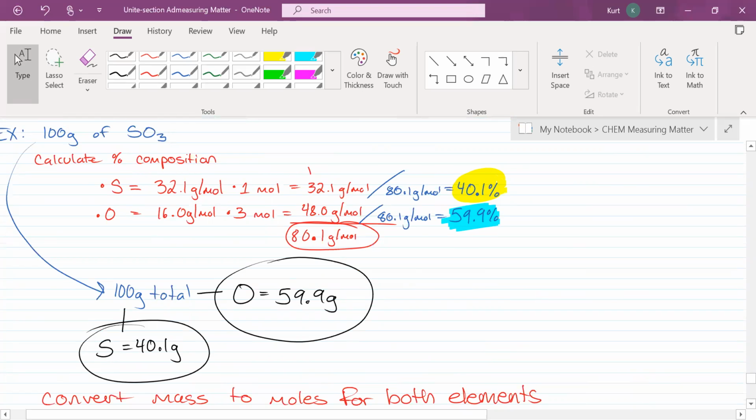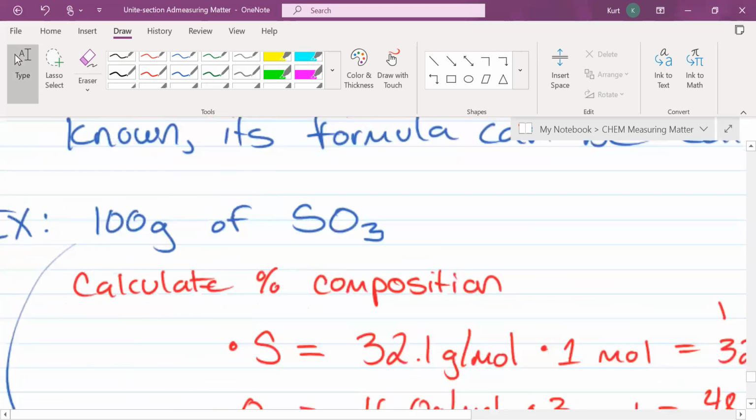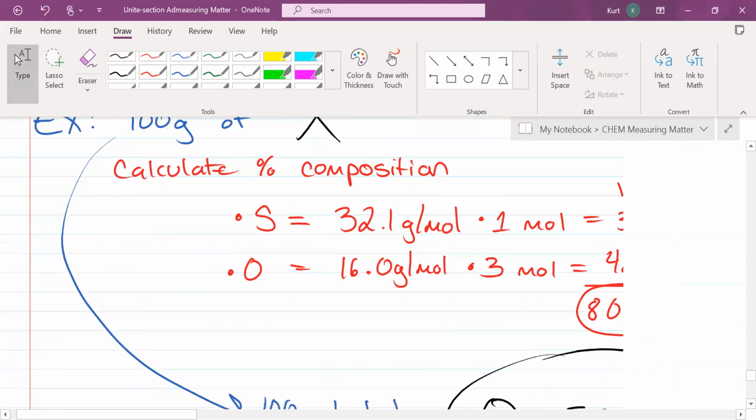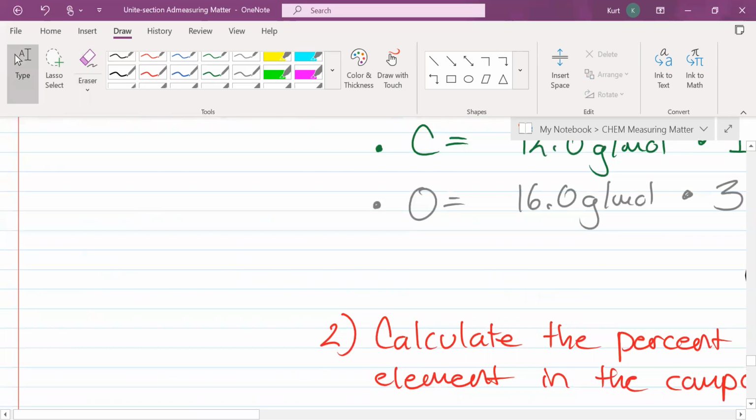Might be like that, or you might just say you have 100 grams of X. And X is composed of sulfur and oxygen. Find the formula. And you would have to do all this.